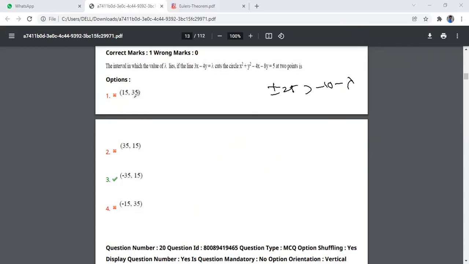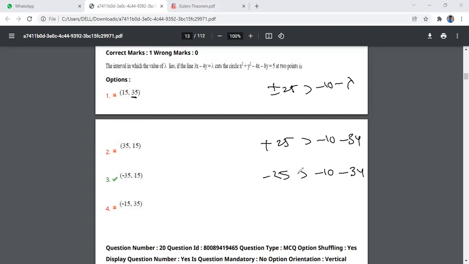Now you substitute 34 directly, because 35 we are not supposed to take. I'm taking 34. Suppose you take plus 25 greater than minus 10 minus 34, and minus 25 greater than minus 10 minus minus 34.